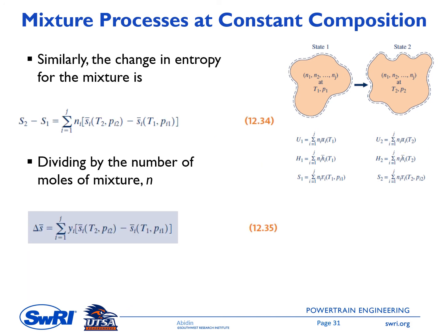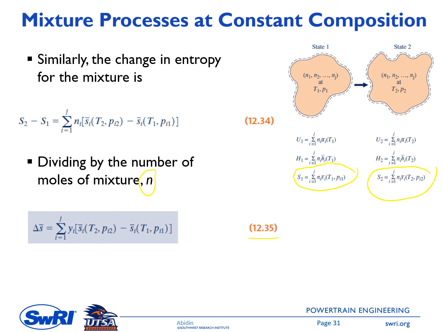Similarly, the change in entropy for the mixture is given by equation 12.34: S2 minus S1. You just replace S2 by this formula, and S1 by this formula. Then if we divide each term in 12.34 by the number of moles of mixture n, you will get equation 12.35.